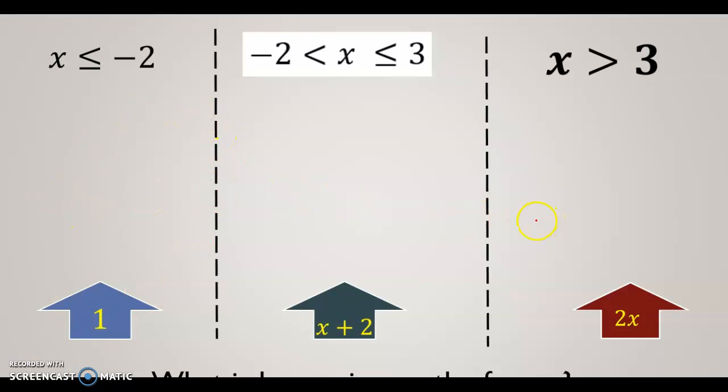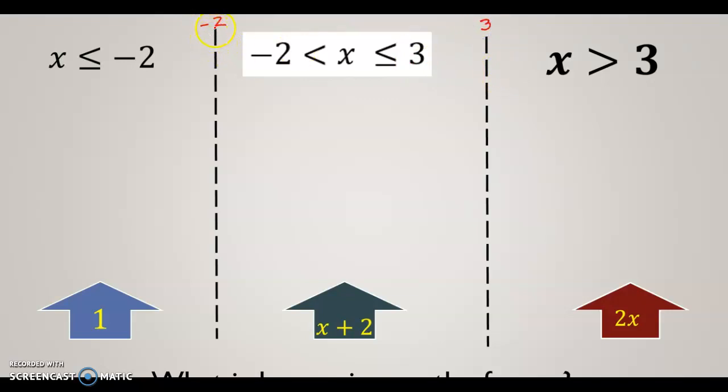Here's another way to look at it. What I've got down here at the bottom, even though we can't see it, I needed to leave a little space. It says what is happening on the fences. Each one of these fences is the cutoff point for these two graphs. This would be the -2, and this would be a 3.